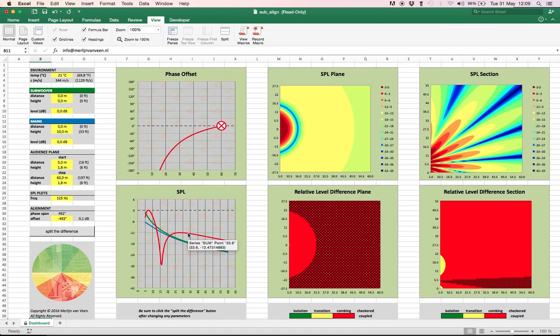But so does the combined output, as you can see. The slopes of these lines are virtually identical, and that means that the tonality of the system stays the same because they move in parallel, if you will.